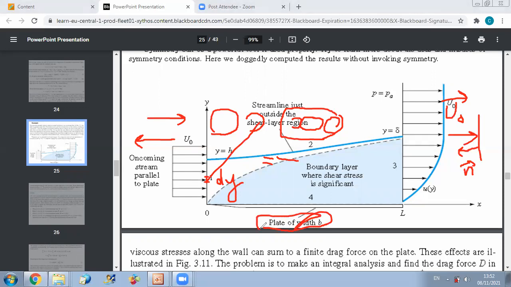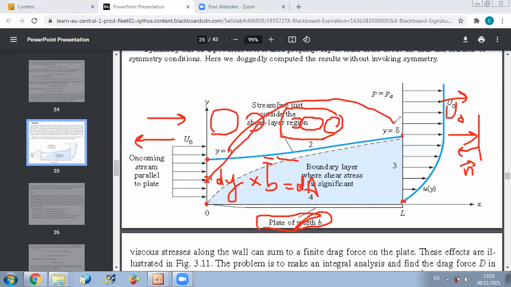So dA is dy times b. This will give you the elementary area we are working on. And now you will integrate between 0, because your flow is starting from here, to h. Okay? For the outlet, we will perform the same operation, but the integration will be from 0 to delta. And delta is different from h, and we want to try to relate them, and we'll see how.